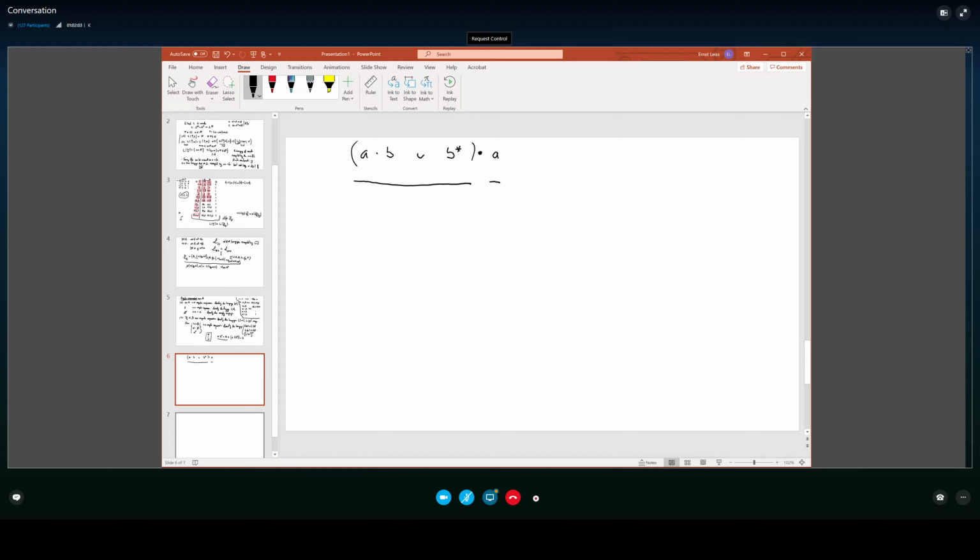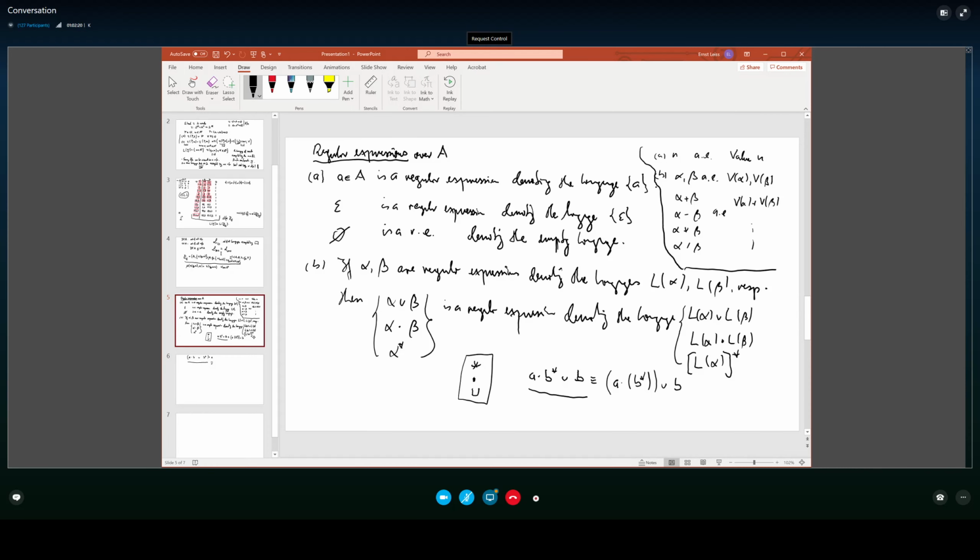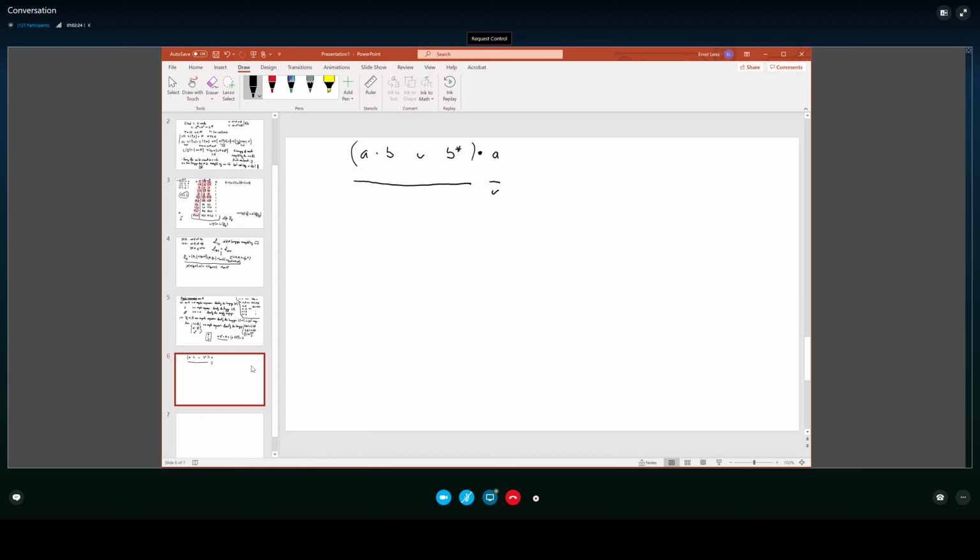And so, jumping right to the A, well, by definition of the basis, this is a regular expression. Okay? It says here that if I have a letter in the alphabet, then that is a regular expression.